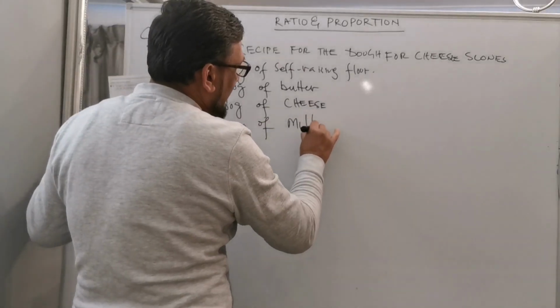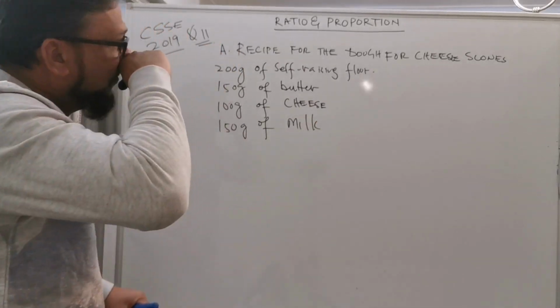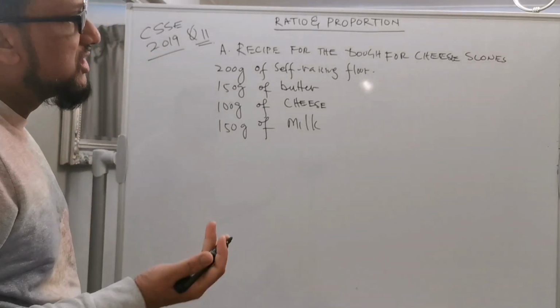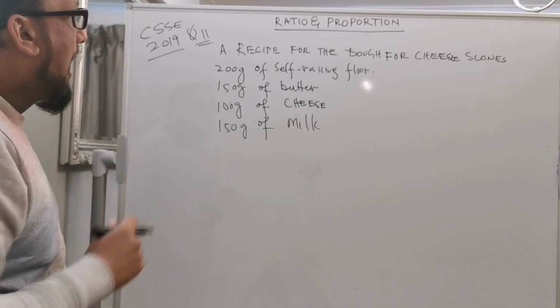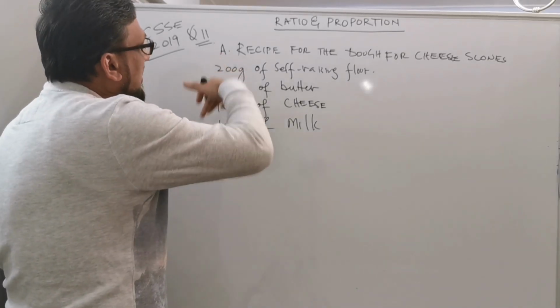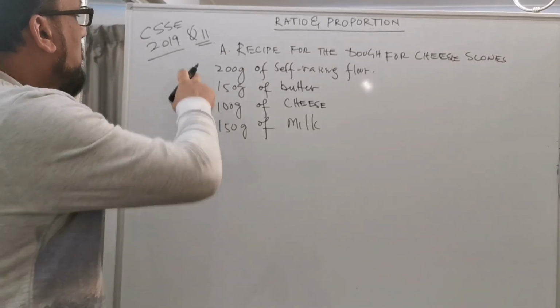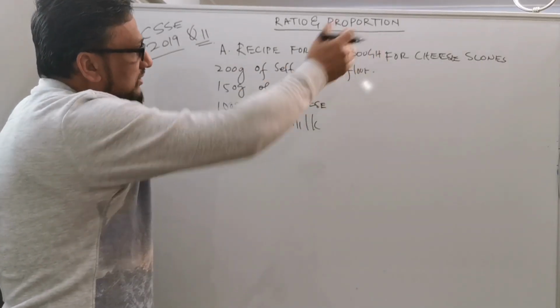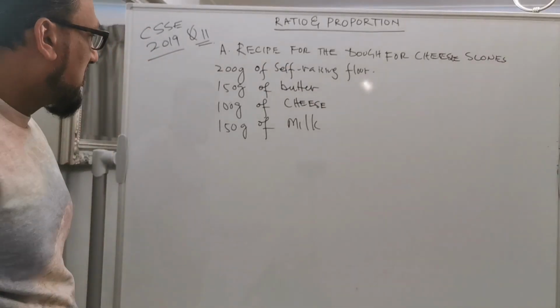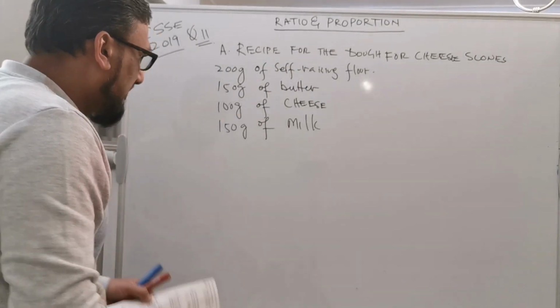So basically the recipe of dough for the cheese scone. He is making a cheese scone, and they say these are the ingredients. So they are using 200 gram of self-raising flour, 150 grams of butter, 100 gram of cheese, and 150 gram of milk.